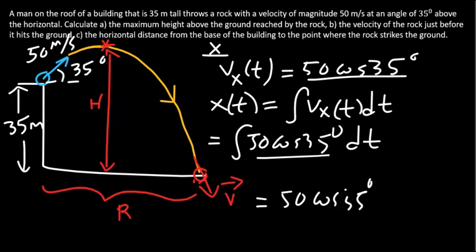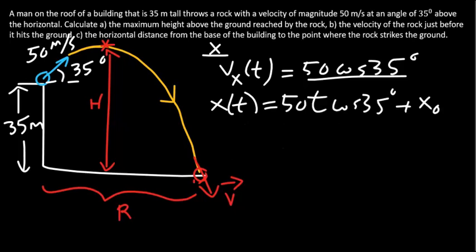And the integral of dt is just t plus an integration constant. Let's call it x naught. We know that when t is 0, the x-coordinate of this object is 0. So that means this is 0. So we have obtained two equations already, 1 and 2.